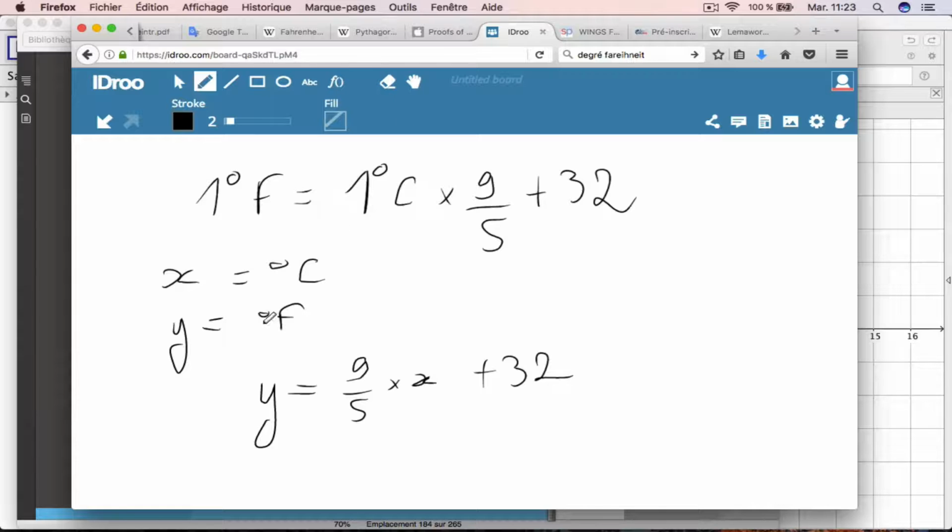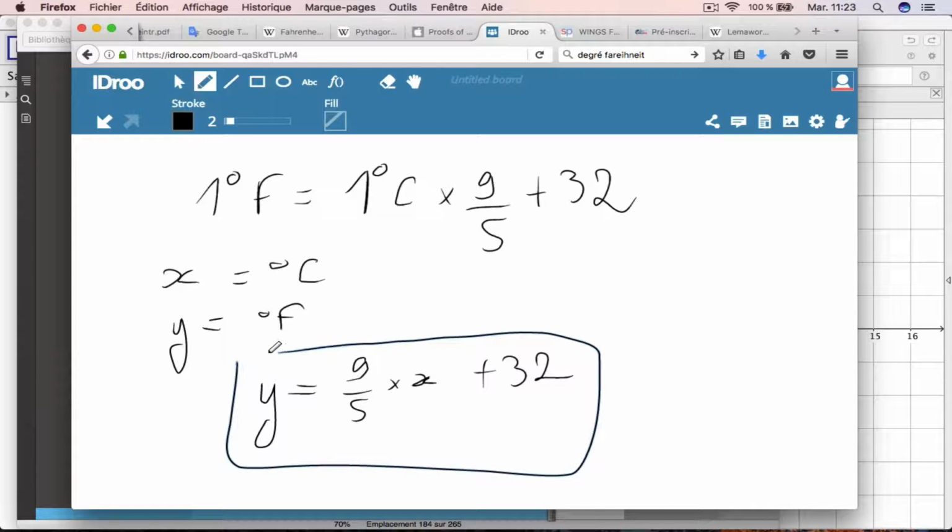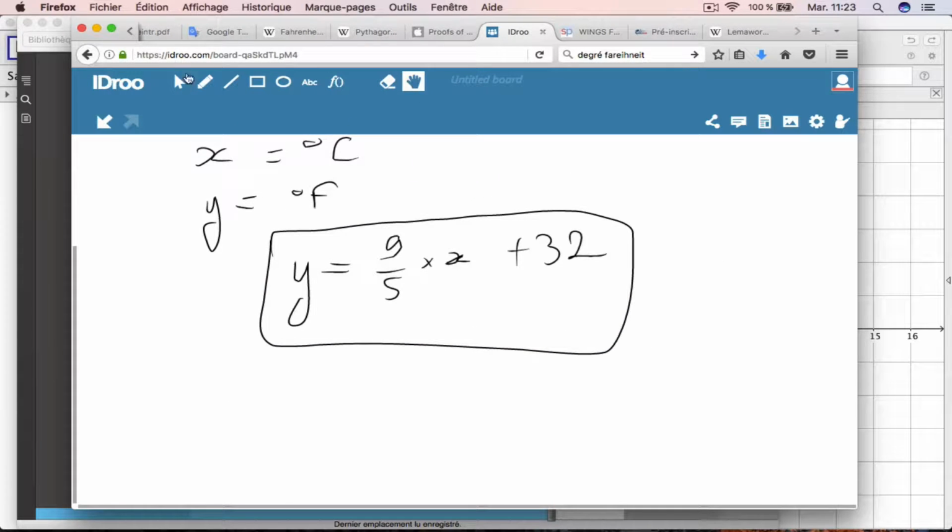So we've got a relationship between degrees Fahrenheit and degrees Celsius. Donc nous avons une formule qui relie les degrés Fahrenheit au degré Celsius.